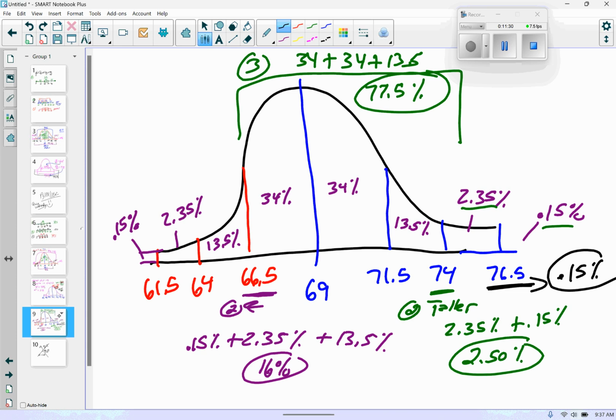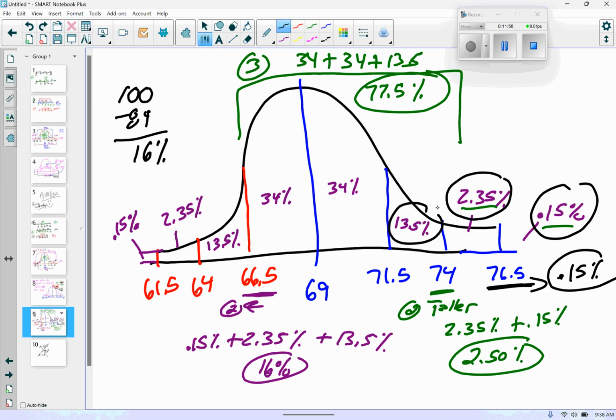All right. So we can simply figure this out pretty easily. Change that 86 to an 84. So basically 100 minus 84 is 16%, right? So then we have to figure out, okay, he's going to be taller than this, and probably this.